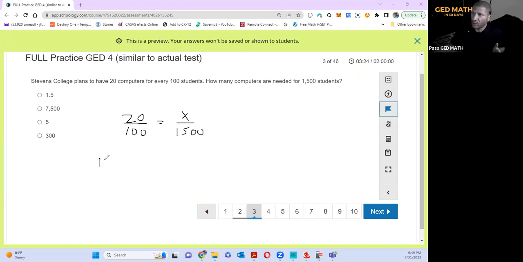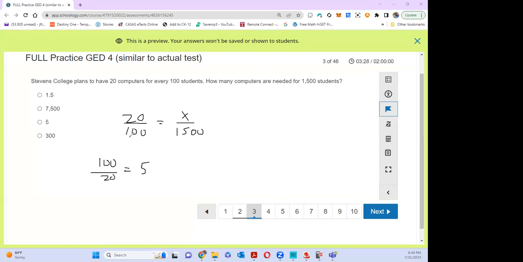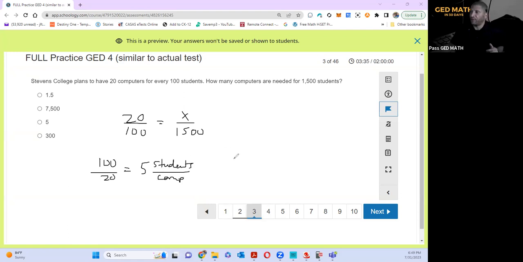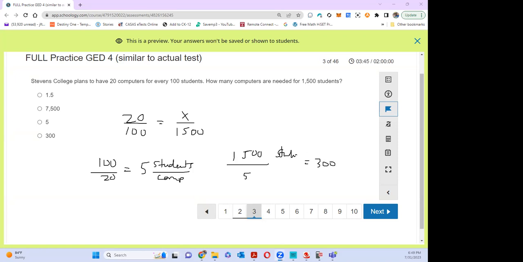Because 20 computers for 100 students is 5 students per computer. So 1,500 students divided by 5 is 300. Still got the same answer. That one is a little bit harder to understand, so I probably wouldn't recommend that.